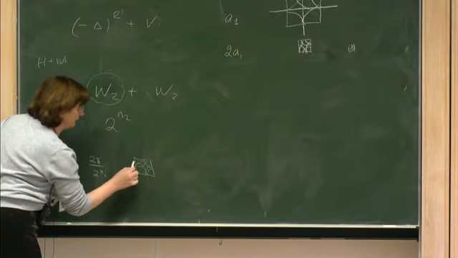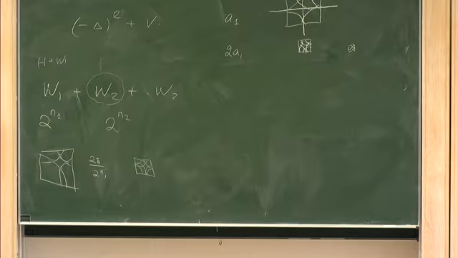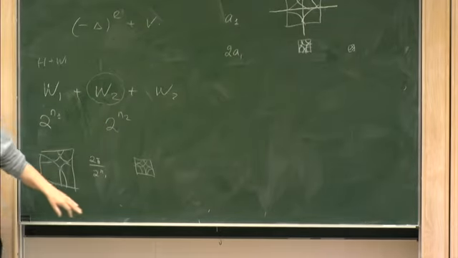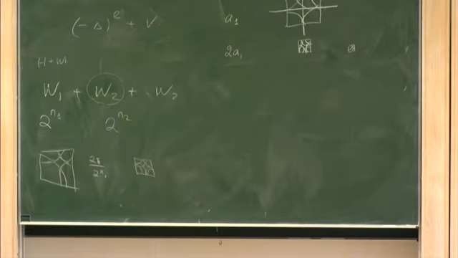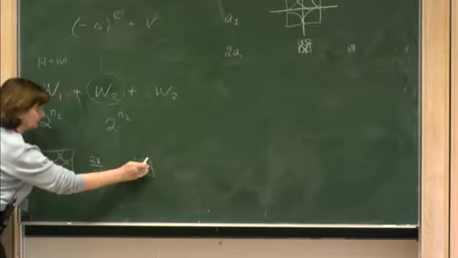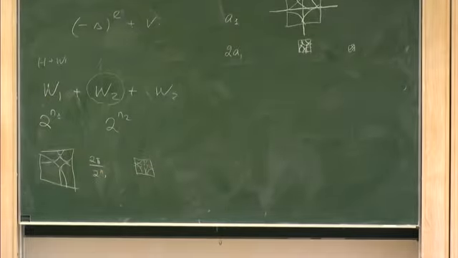So what do we have? We have a mess, yeah? But then we can say, okay, we have a mess, but if W2 is very small, maybe we can still survive. We have a smaller box, but then we take smaller and smaller pieces. Maybe we will be fine.